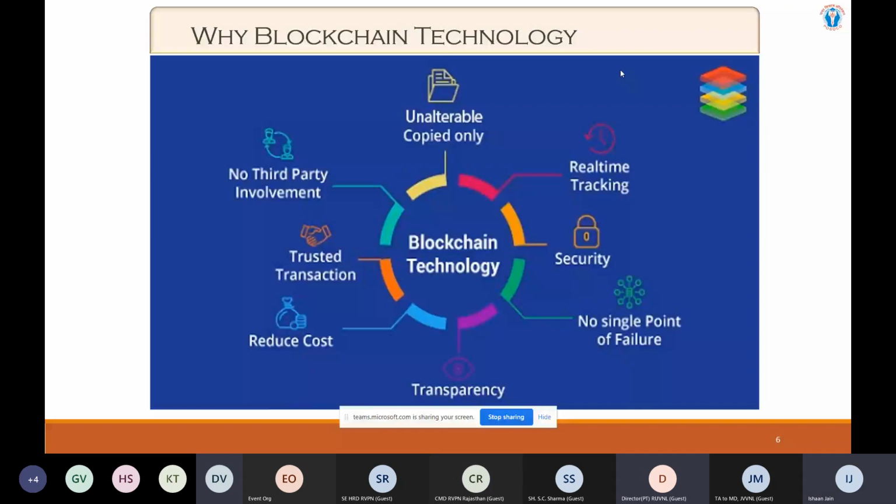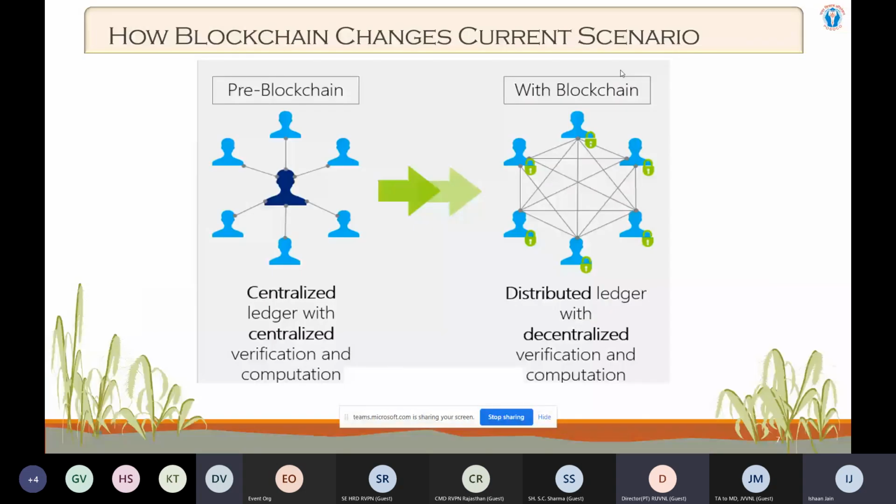Earlier we had the centralized ledger with centralized verification and computation. Whenever you go with blockchain, all those ledgers are distributed, with decentralized verification, meaning every node can verify against the past records, add the new records and compute, so they can validate also.